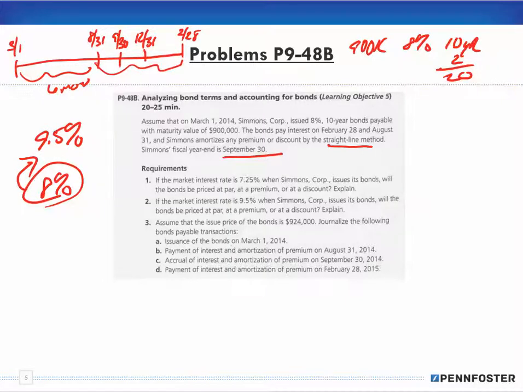People buying it when the market interest rate is 9.5% are not getting the full value of the bond itself. The bond is only paying 8%, so they're getting it at a discount to the market rate.